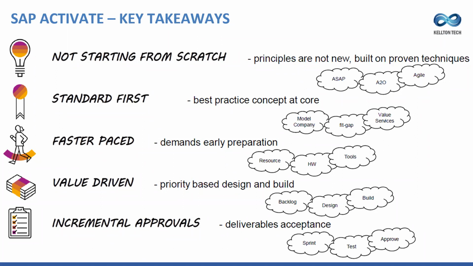We can bring that design and build activity on a fast track methodology, and it looks at improvements incrementally, so that sprints, etc., can be embraced. So that's basically about Activate.